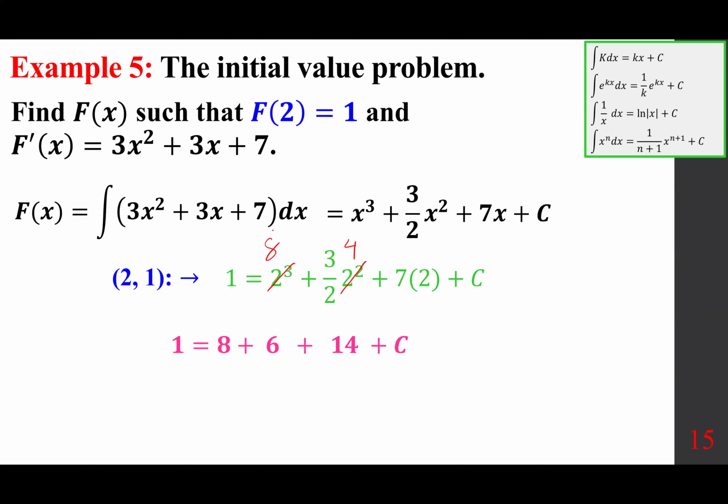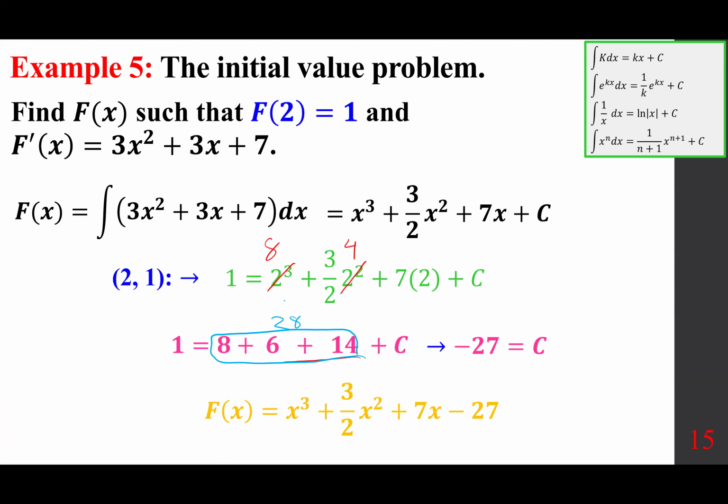So 8, 3 halves times 4, 12 over 2 is 6, 7 times 2 is 14. And as you can see, we get 28 here. 28 plus what number is 1? Negative 27. Replace the C. And so what you have here is a general solution. What you have here is a particular solution.